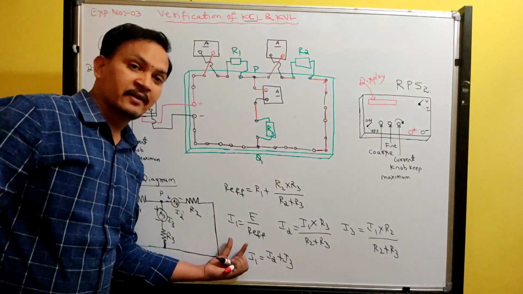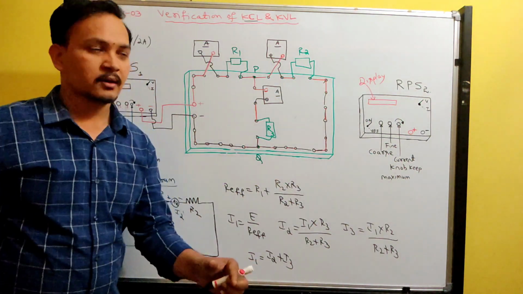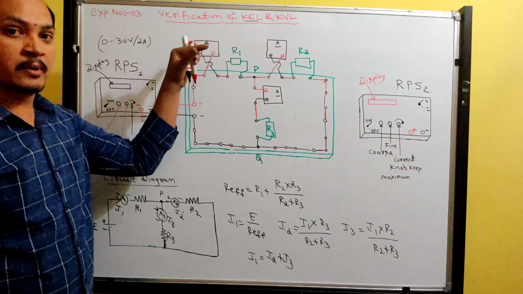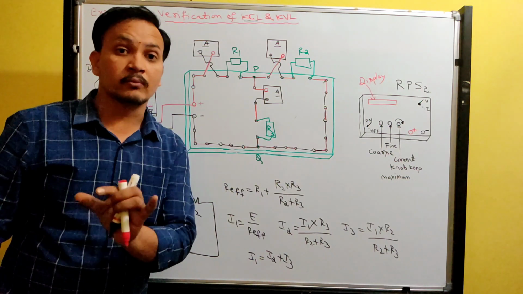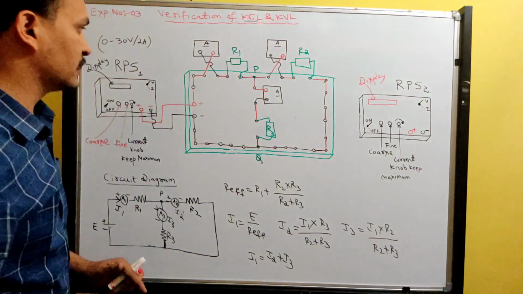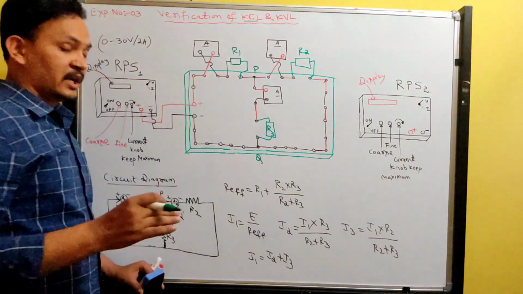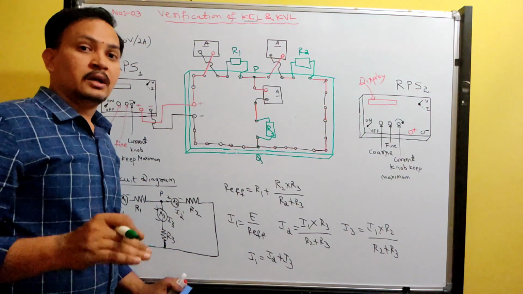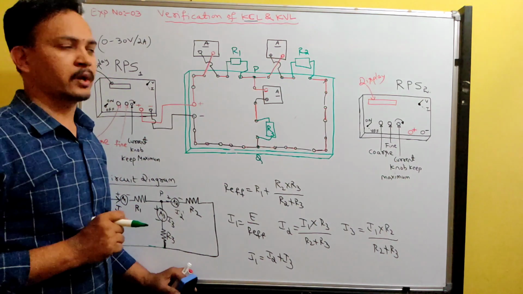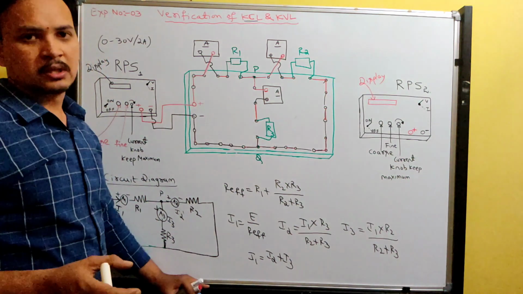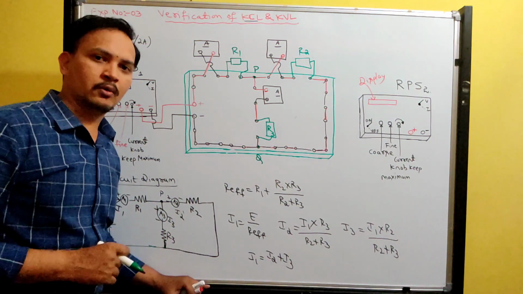There will definitely be a difference in the readings. Suppose you calculated I1 current as 0.047, the instrument will show 0.045. Why? Because the resistors we have in the laboratory have 10 to 20% tolerance in their values. If you take 100 ohm resistors, it may be 110 ohms or 90 ohms.